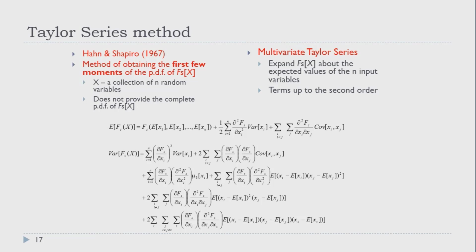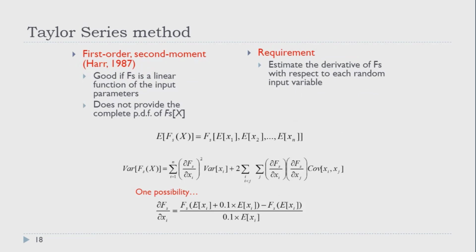The most popular version of this is what people know as first order, second moment. So here you see the same equations as before, but we are throwing away higher order terms of the Taylor series. This is a good moment to see that there is one big issue here. We require these derivatives.